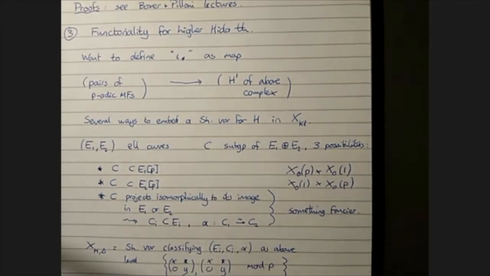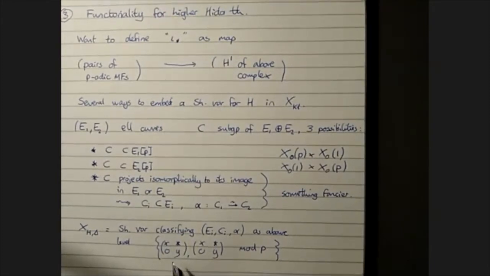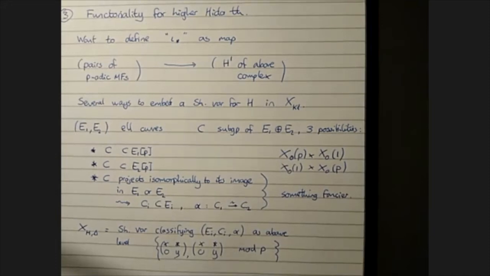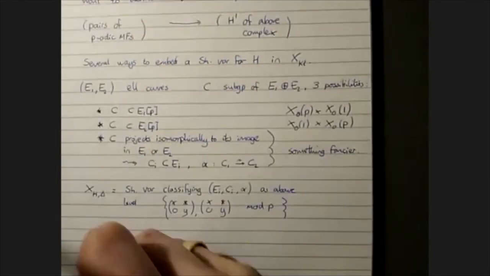And it's the stuff whose reduction mod p is pairs of matrices in GL2(Zp) that are upper triangular and whose diagonal entries are the same. So just a little interpretation of where this is coming from.